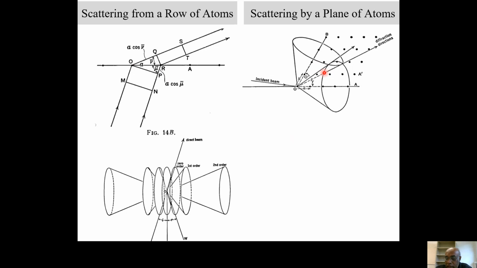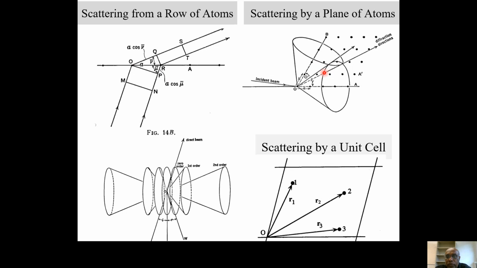What we do is, we all know in crystals we can consider a unit cell, right? Each unit cell has a certain lattice, but it also has a basis. In this simple unit cell, I have three atoms, which we call the basis. So we have R1, R2, R3. Now you only have to consider diffraction happening from this unit cell.